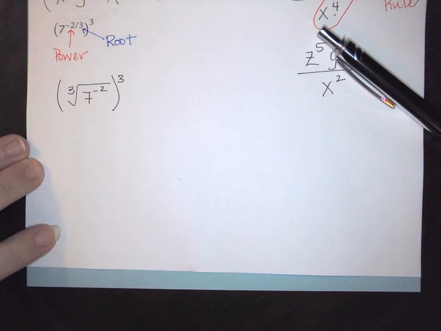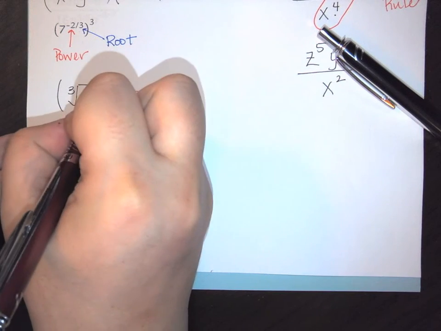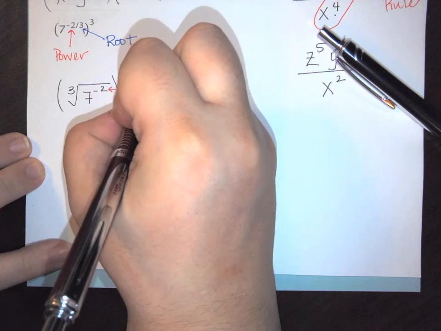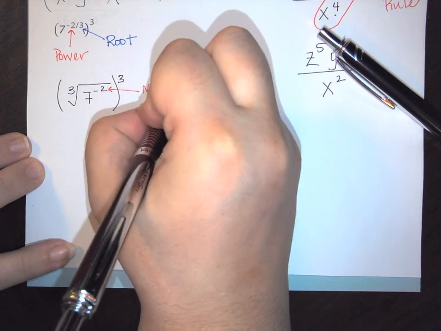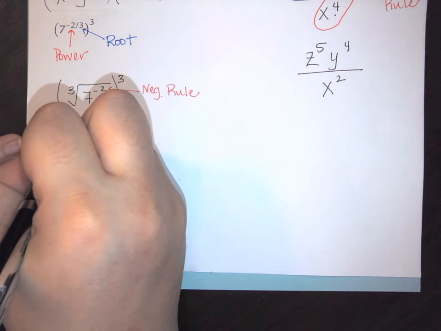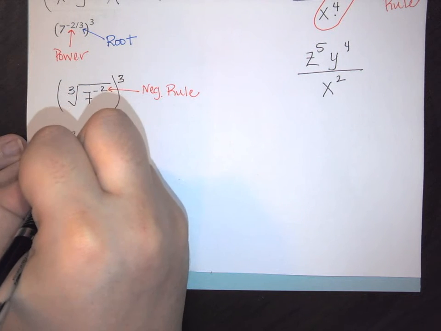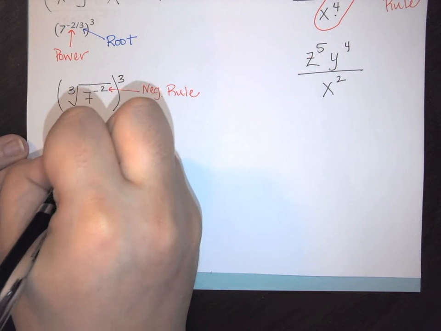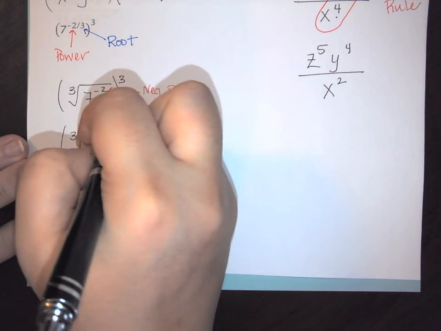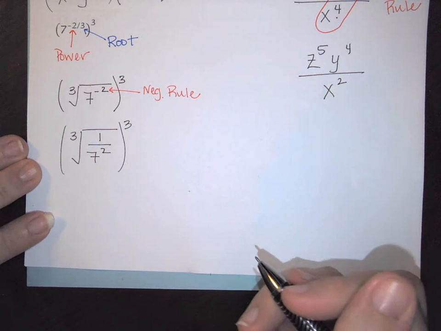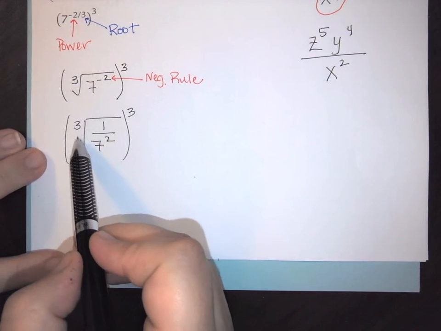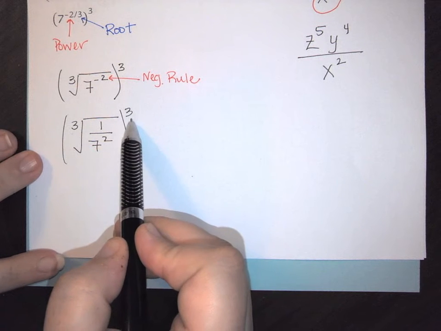Now the next thing we have to do is look at this negative 2 here, which is the negative rule. So we're going to rewrite to say that I have the cubed root of 1 over 7 squared, and this whole thing is cubed. Now with that, I have cubed root and cubed, okay?